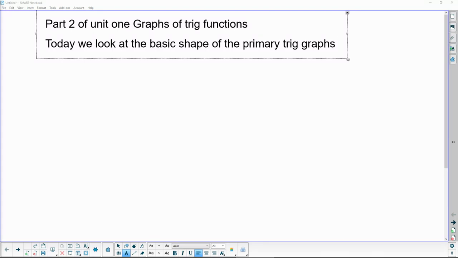Okay, so we're going to look at the basic shapes of the three primary trig graphs. When you're doing the three primary trig graphs, we just look at our unit circle, and we're going to look at it as it pertains to degrees.